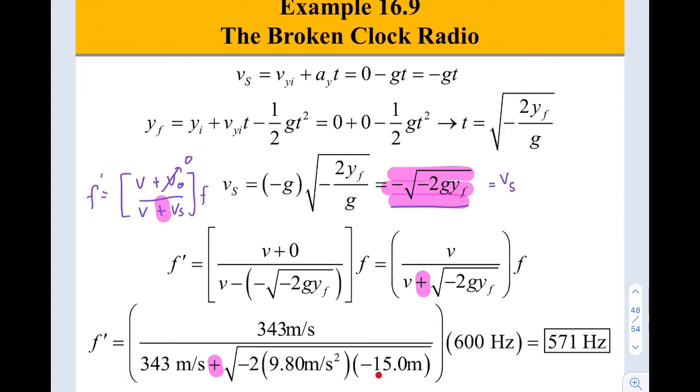And your displacement is downward, so it's negative 15 times negative here, you will get a positive answer. This is the received frequency, or heard frequency, by you as the observer.